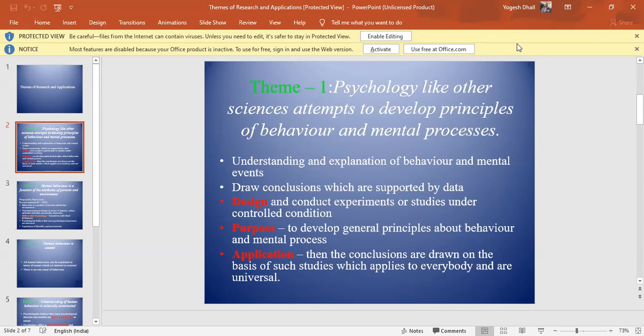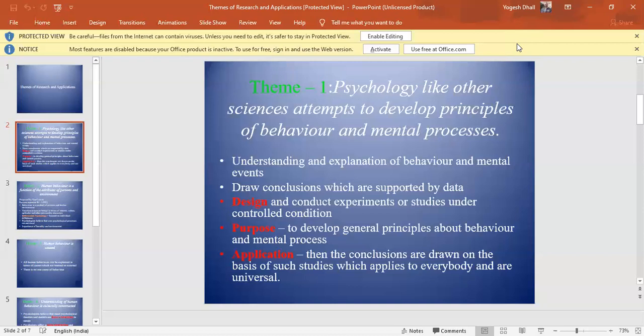Then, second is to draw conclusions which are supported by data. So, the conclusions which are drawn should be supported by scientific rules so that psychologists may prove whatever conclusions or results they have drawn are actually true.